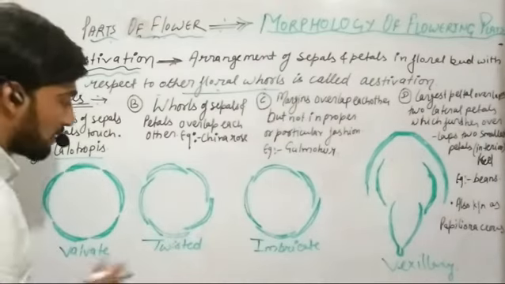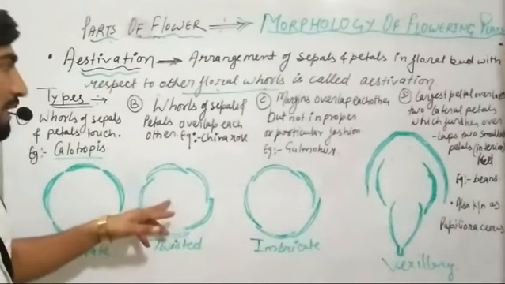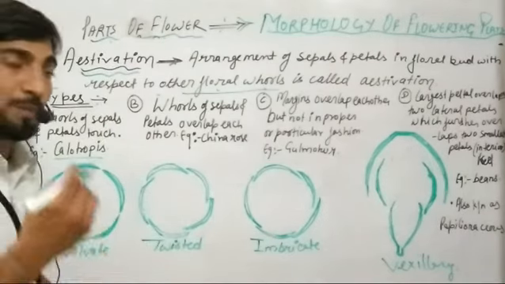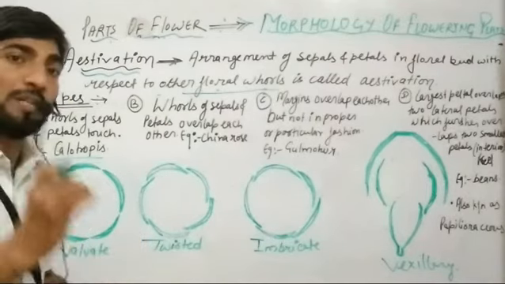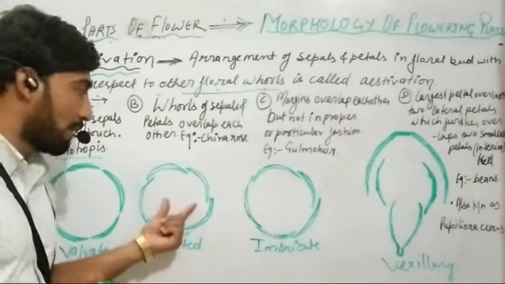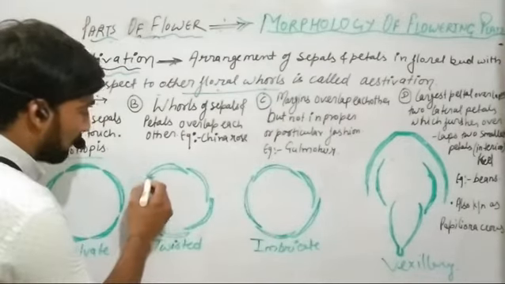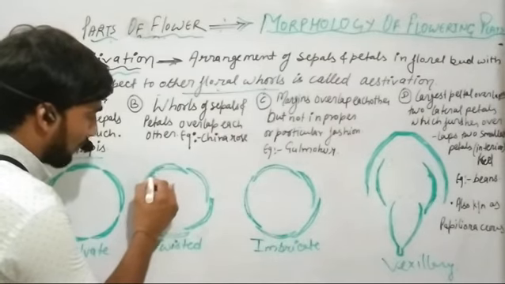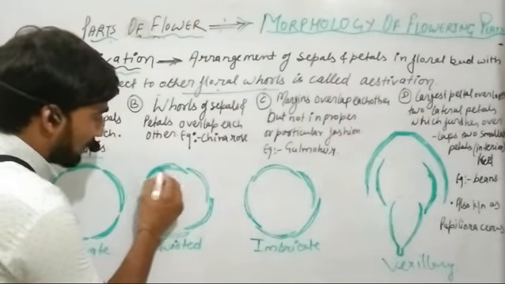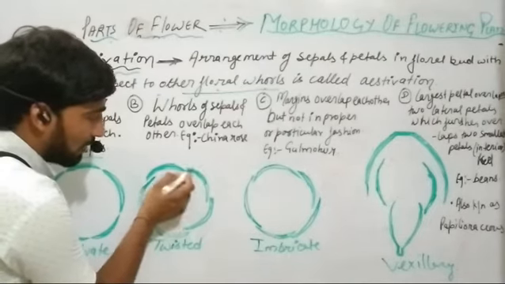Now, in this twisted estivation, the sepals or petals overlap each other in a particular fashion, as you are seeing in the diagram, that this part of this sepal is overlapped by this part, and this end of this petal is overlapped by this part.